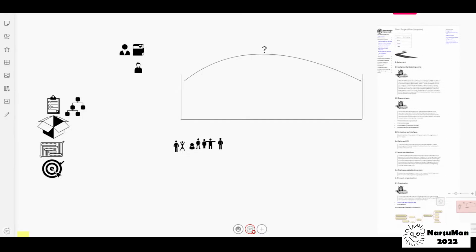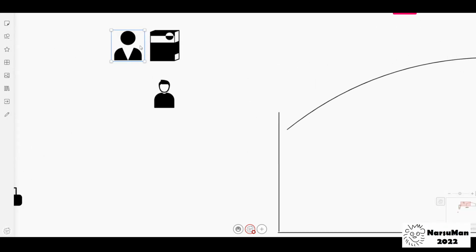Let's think first of a situation where there is a customer, someone who is interested in some kind of service which does not exist, or there is already a service but not all features are enough for the customer or end users. This stakeholder somehow wants to develop a new version or add new features to the existing one.